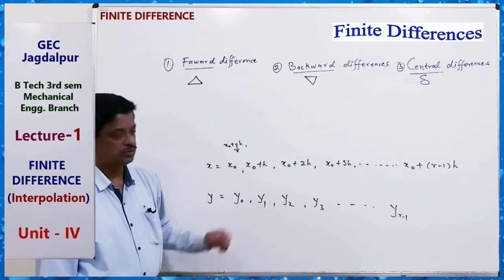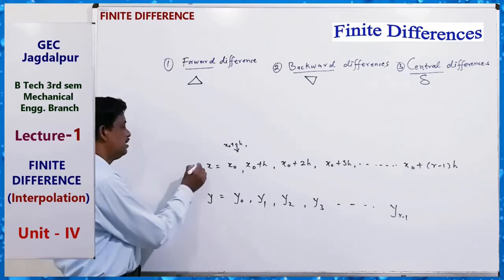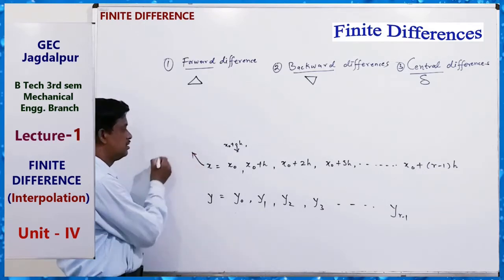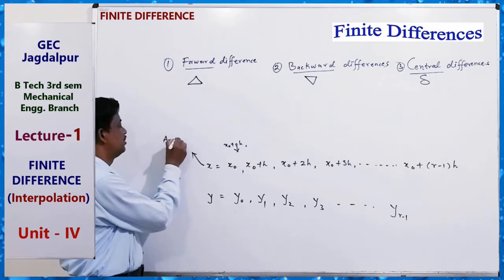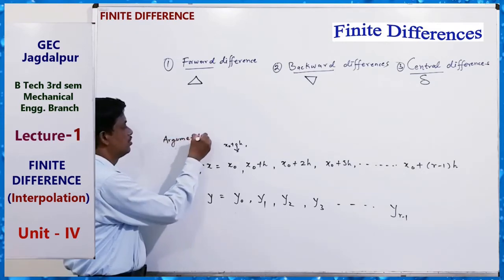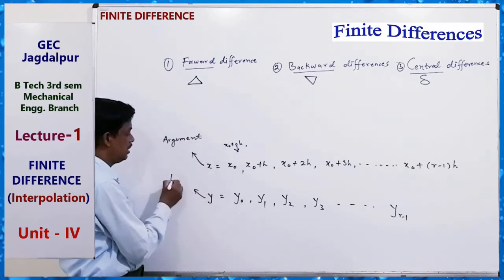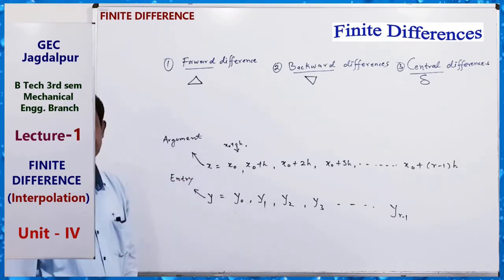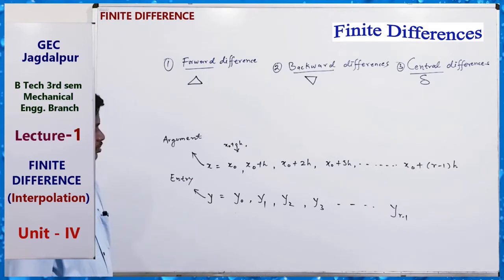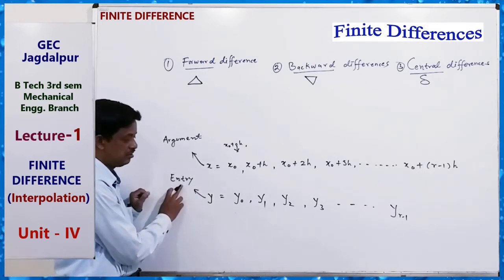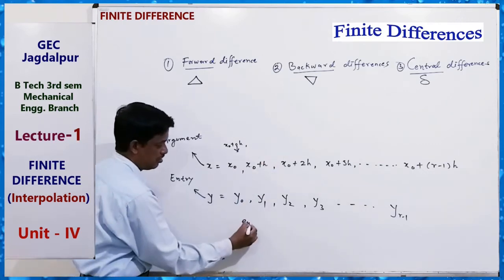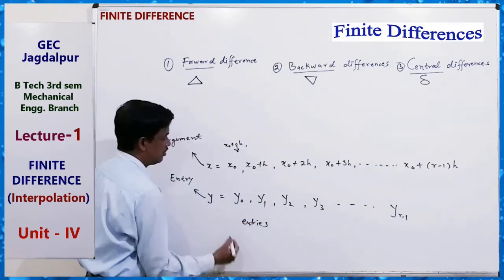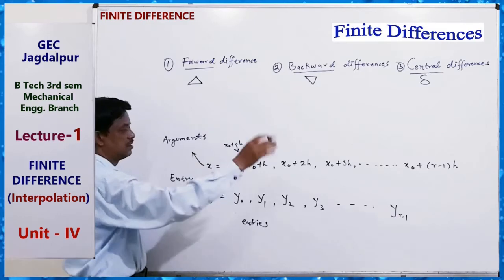This will be the notation, and x is called the argument and y is called the entry, the value of the function. In other words, we can say the value of the function is the entry. These are the entries, and these are the arguments.